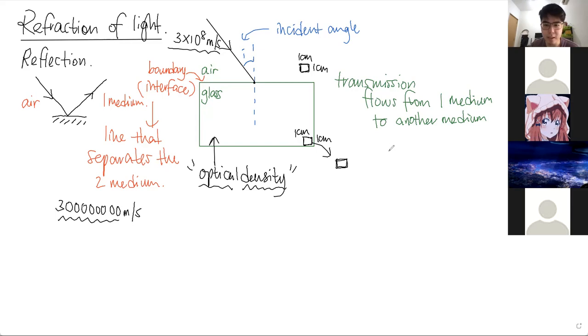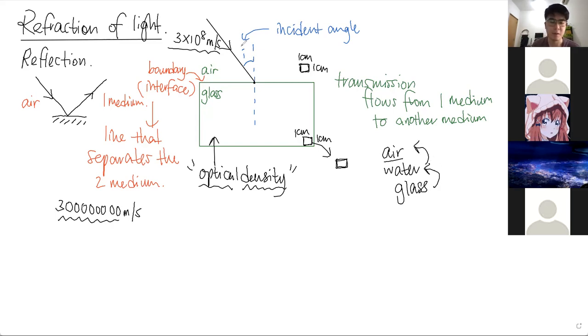If we have air, water, and glass, which one has the highest optical density? The glass. The air is always the last, the least dense, followed by water and then glass. The glass is the densest, then water, and last is air.